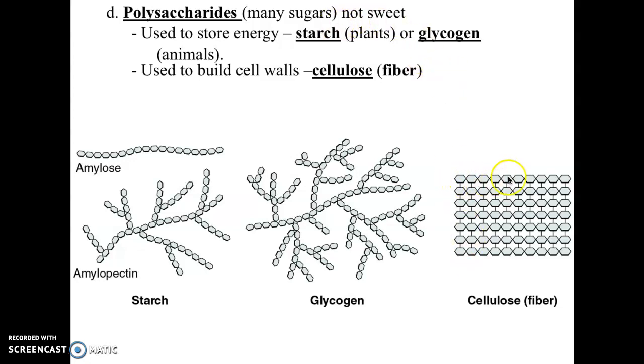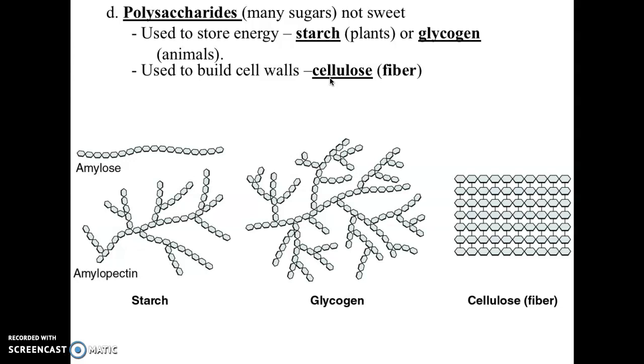They hook them together, not only in chains, but then they have side ones that hook them together, so it makes a very rigid, very strong structure. And in plants, this cellulose is what makes it have the structure to stand up. Since they have no bones or anything to support them, they need the cellulose to make them be strong and have structure. Trees, for example, would have lots of cellulose.